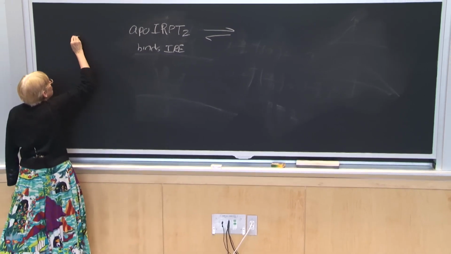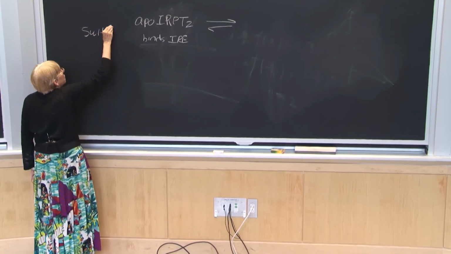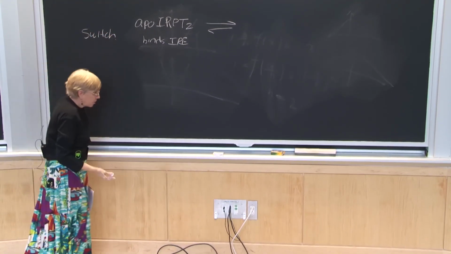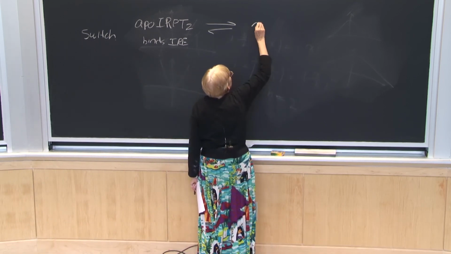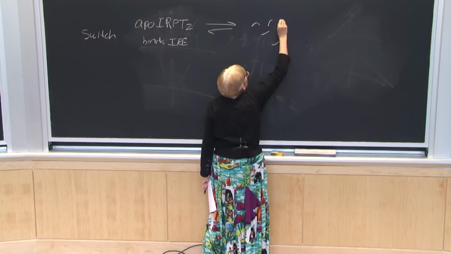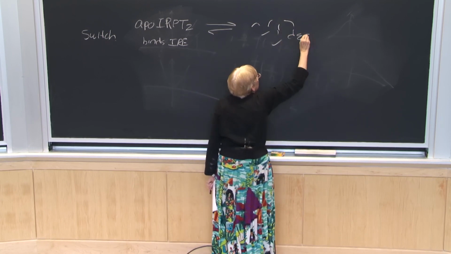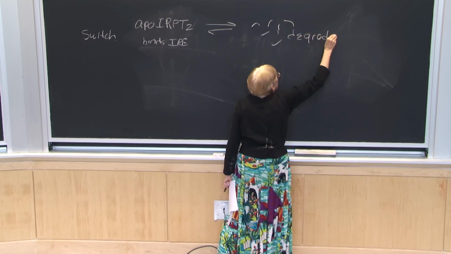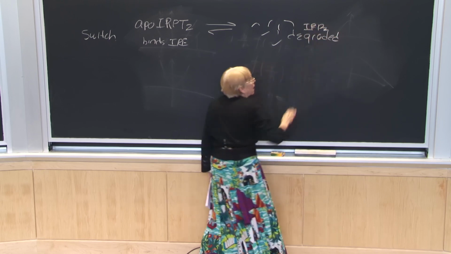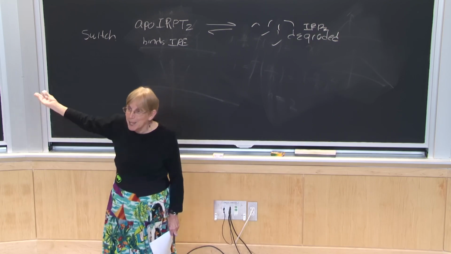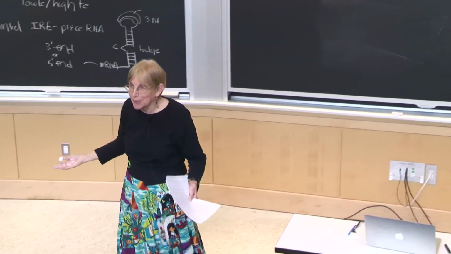And so what we'll see is that the switch relates to the fact that IRP2 gets degraded. So when IRP2 is degraded, it can't bind, and that's how you turn the thing off.